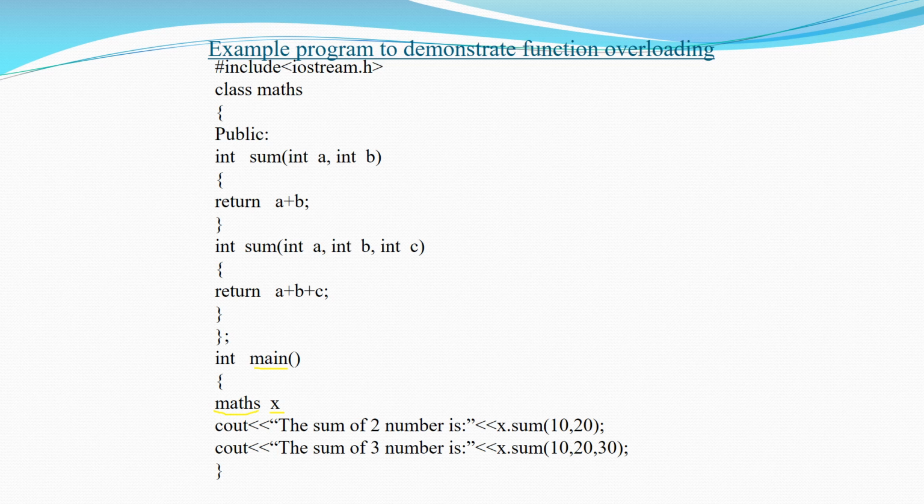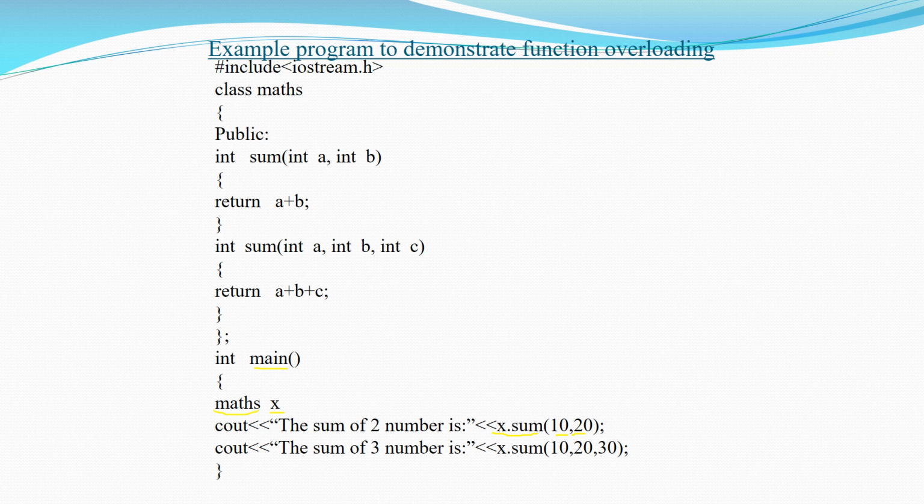Max is my class name and X is my object. cout the sum of two numbers. I'm going to access my sum function by using the object x.sum. Once x.sum has been accessed, the sum function has two arguments, that is 10 and 20.